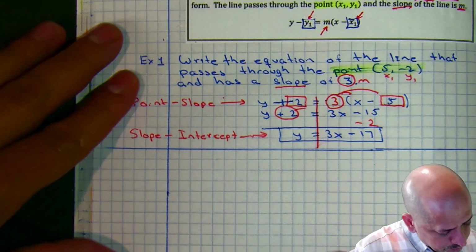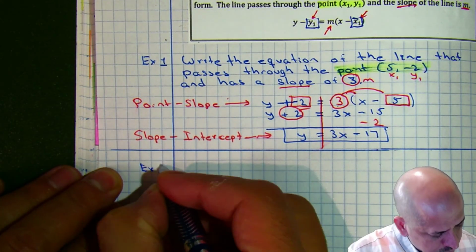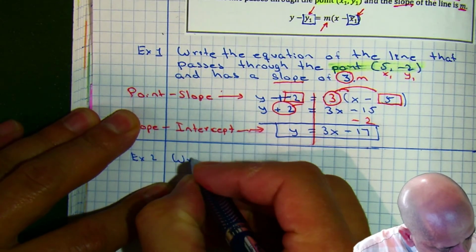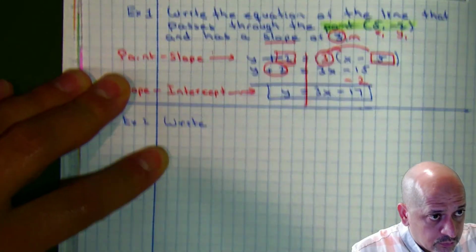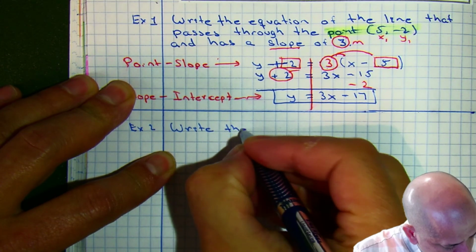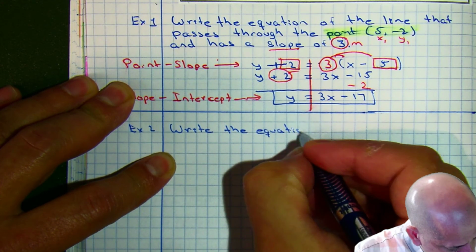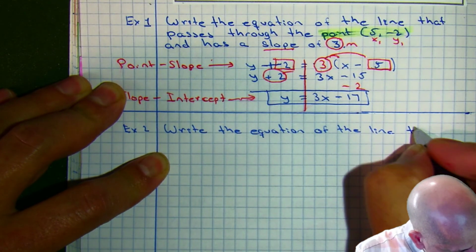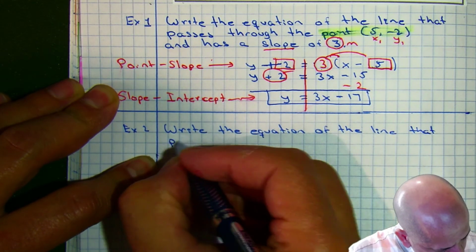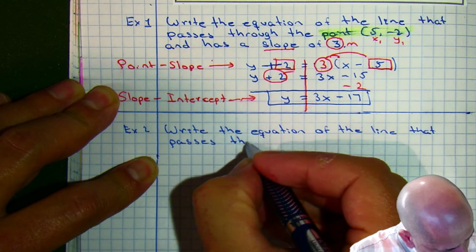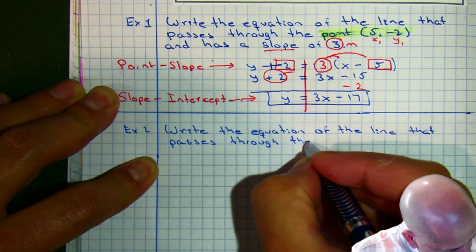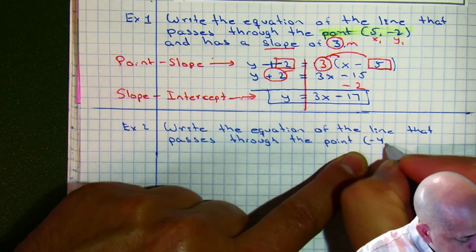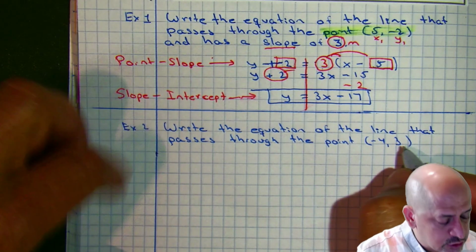Example number 2: write the equation of the line that passes through the point, and the point that they give us this time is negative 4 comma 3 and has a slope of negative 2.